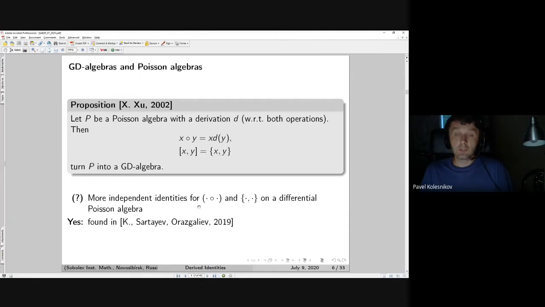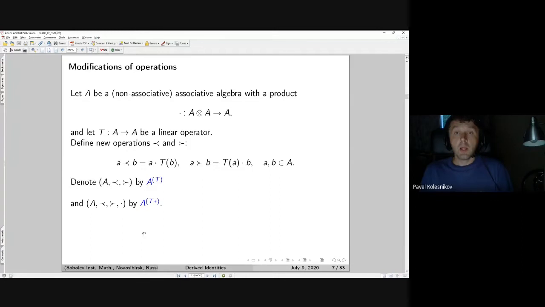Some such identities were found in my paper with Baurjon Sartayev and Aybola Razgaliev, recently published. So in this case, such identities exist. And now Baurjon is about to find the complete list of such identities.